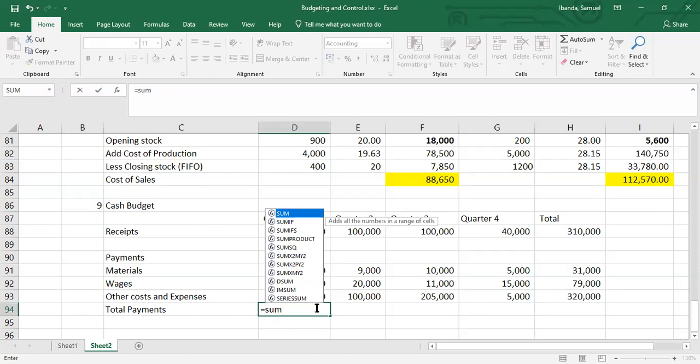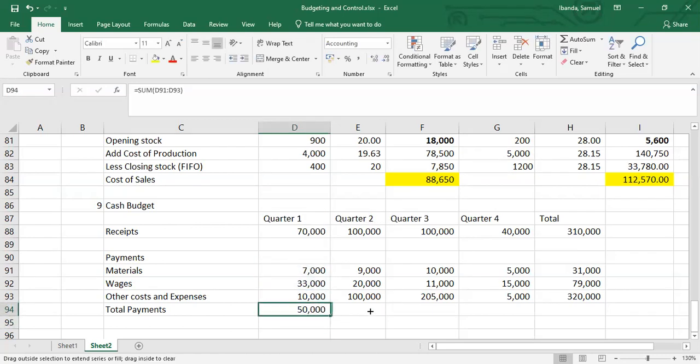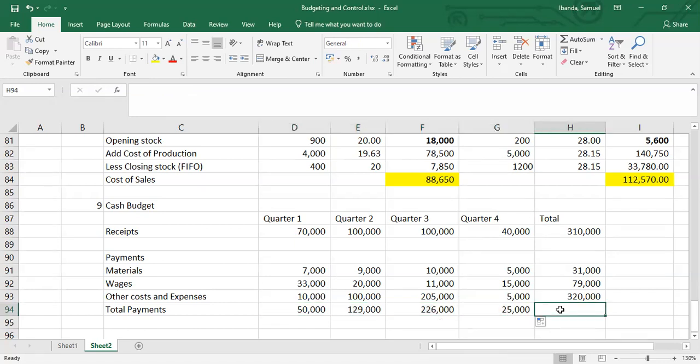This summed up will be 50K, 129, 226, 25,000. You can also get the total of all these, standing at 430.